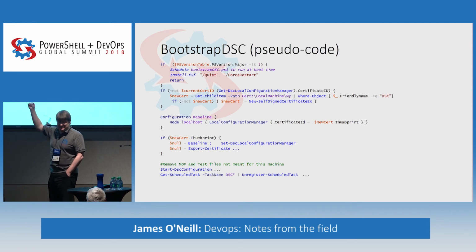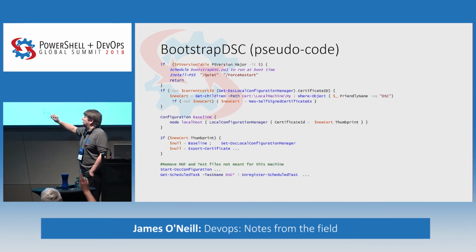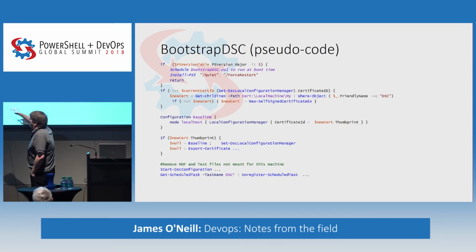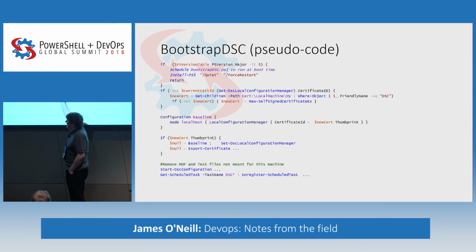At that point it exits. If we haven't got a certificate, create one, apply it and export it, which is the middle bit. And then finally, we can say start DSC configuration.